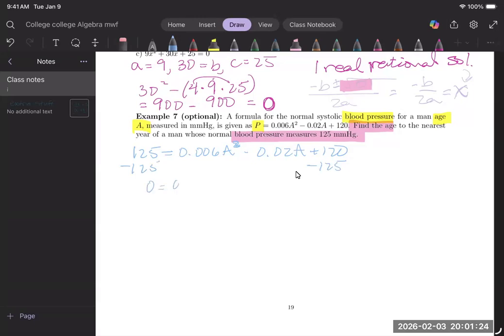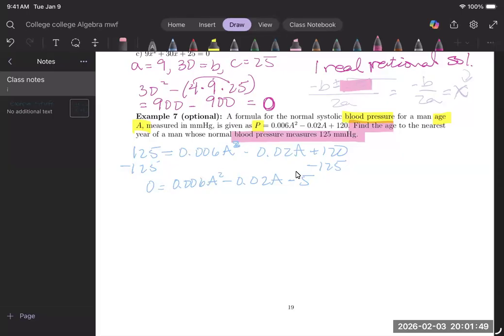So 0 equals 0.006 cap A squared minus 0.02 cap A minus 5. Now, we're just going to practice using the quadratic formula because honestly, to factor this, no thanks. To complete the square with this, absolutely not.